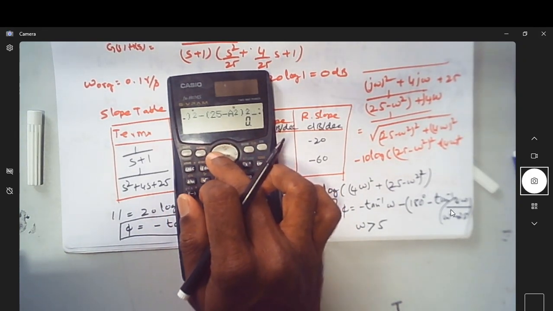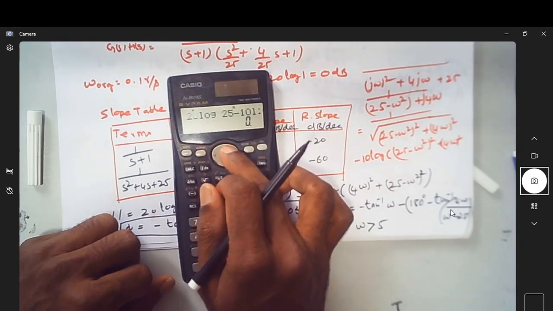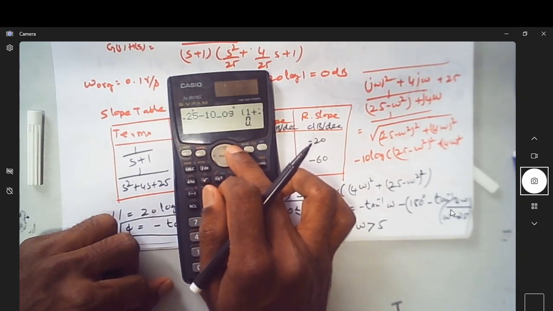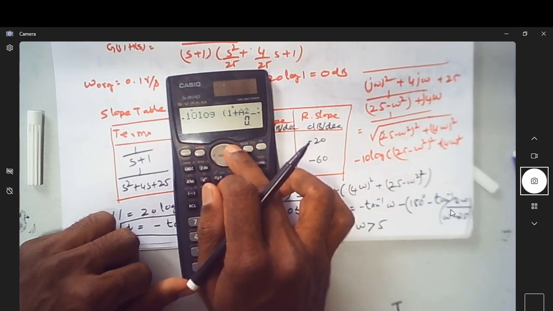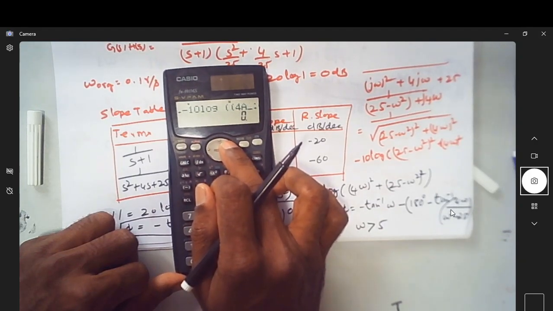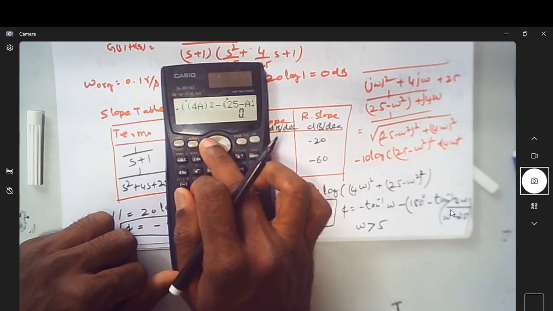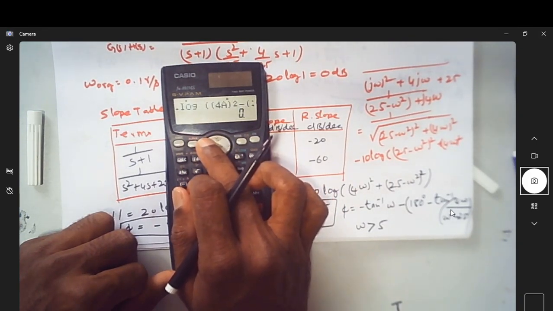Oh, some issue. What is that? 20 log 25 minus 10 log of 1 plus alpha square minus 10 log of, open the parenthesis, 10 log 4a square. Oh, this would have been plus. Sorry, this is plus.